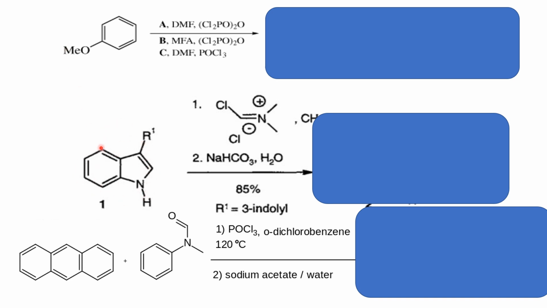Just check where the substitution occurs. And here I have an active aromatic compound and I am using a substituted formamide. See, here a phenyl substituted, here a methyl substituted. This is a substituted formamide, not dimethyl formamide. It is a phenyl methyl substituted formamide. So take down the reaction and write down the product. Let me see.